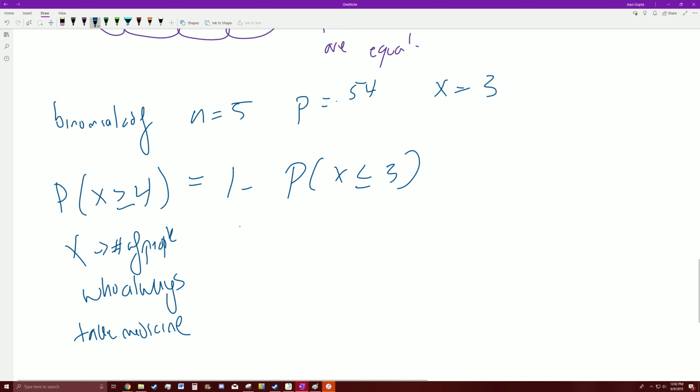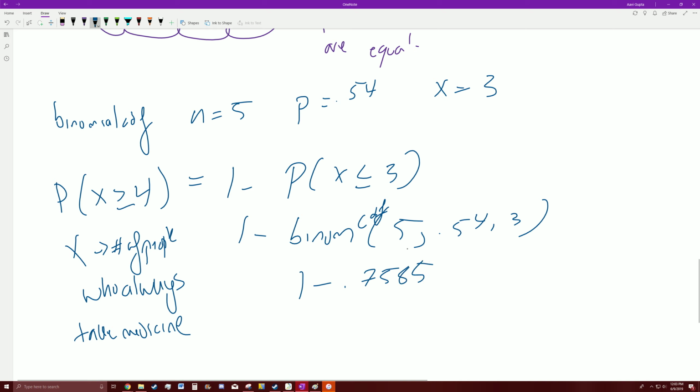So it would be 1 minus binomCDF(5, 0.54, 3). Second vars, binomial CDF, 5 trials, 0.54, 3, and that's equal to 0.7585, and then 1 minus that is equal to 0.2415.